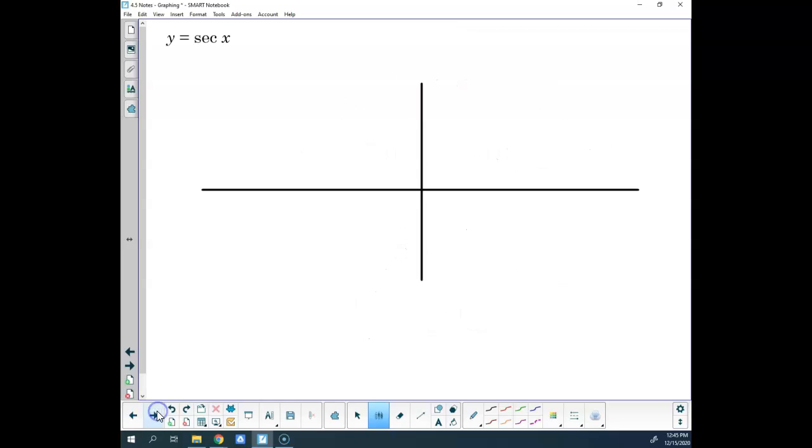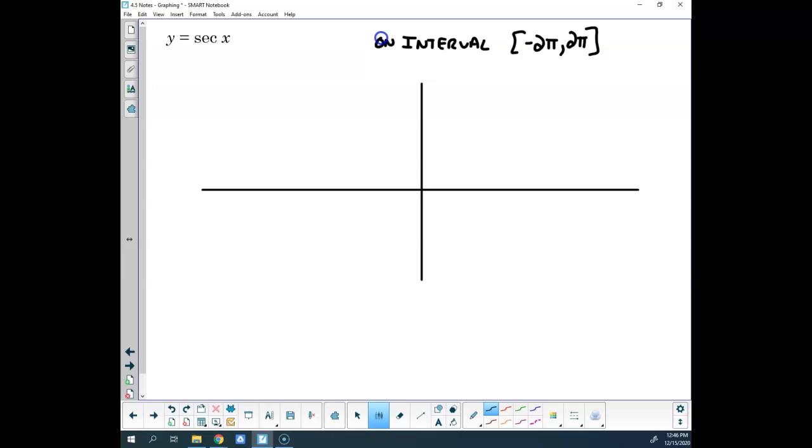Alright, so with that being said, clear this one off. And let's go on to secant of x. Same process, same logic. Okay? But first off, we should figure out what secant is, because we're going to want to graph this on the same interval. So we're going to graph that on the same interval.